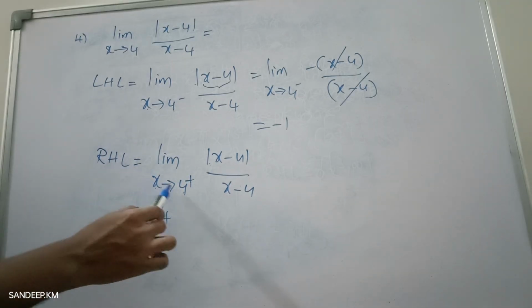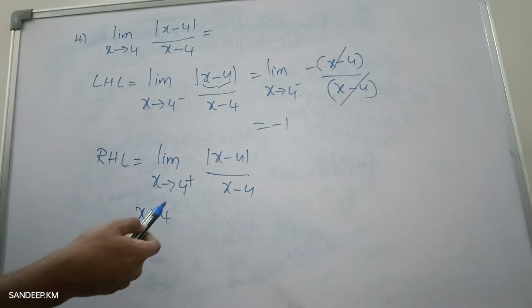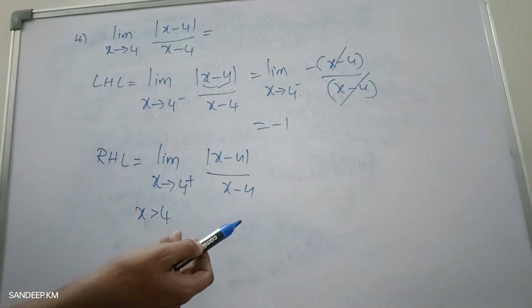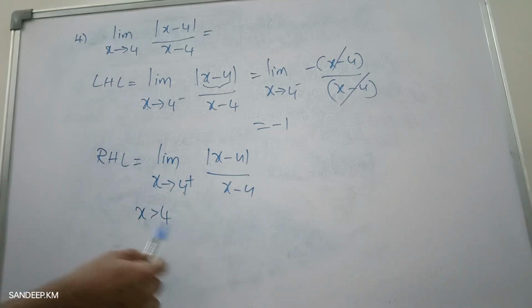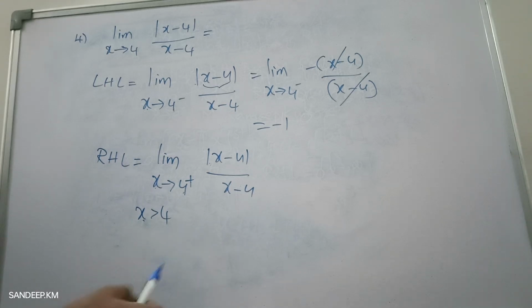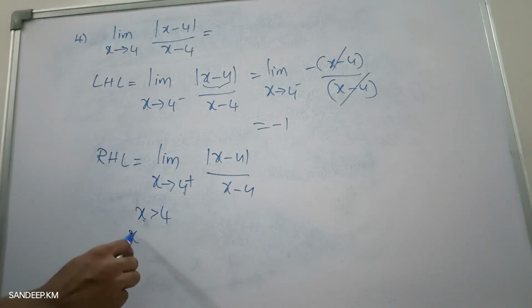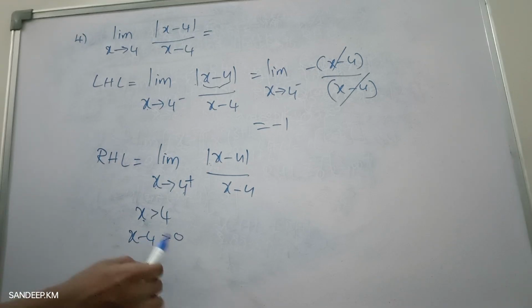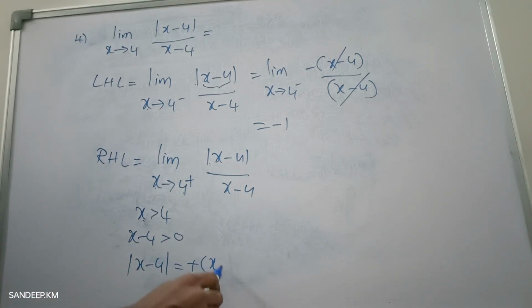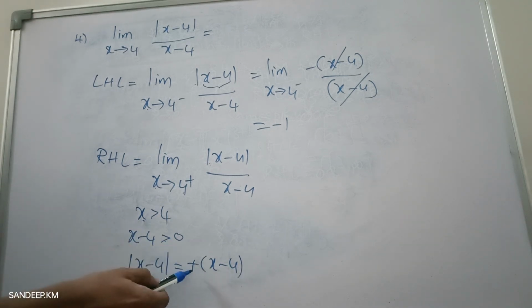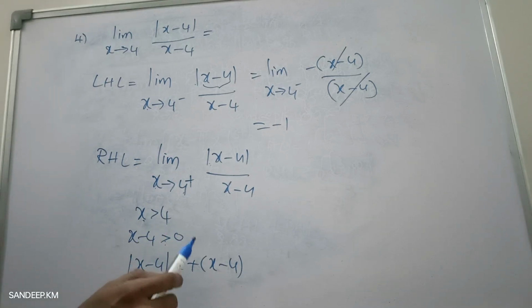X approaches 4 plus means x is equal to 4 point something, which means that x value is more than 4 only. That means take 4 to the left side, x minus 4 is greater than 0. X minus 4 is greater than 0 means mod of x minus 4 will be equal to plus of (x minus 4). And if x minus 4 is less than 0, we get a minus sign. If it is greater than 0, we get a plus sign. You have to understand the properties of modulus.